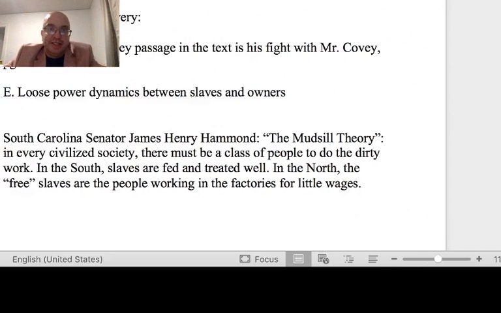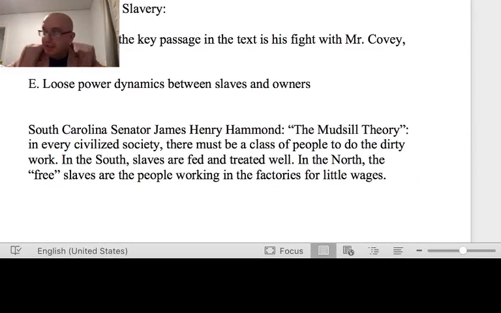So Hammond pretty much says, like you said, in every society, somebody's got to do the job nobody else wants to do. Somebody's got to be the grave digger. Right? Somebody's got to pick. Like I said, picking cotton was hard work. Right? Somebody's got to do that. Somebody's got to work these jobs in these factories.